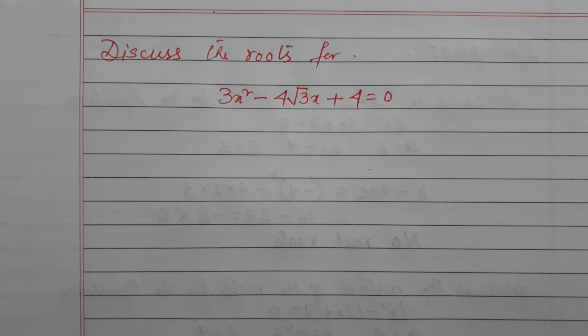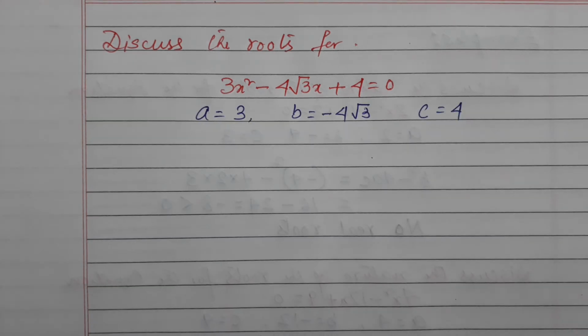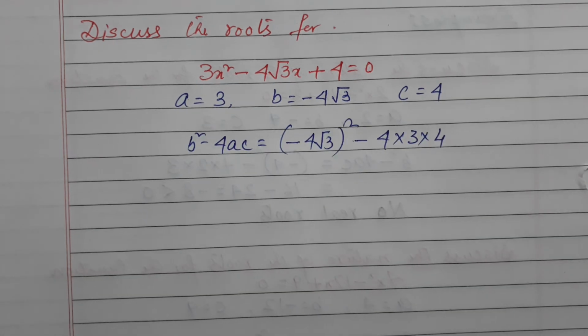Now let us discuss the nature of the roots for 3x square minus 4 root 3 x plus 4 equals 0. Now I must say that here all the coefficients are not rational. The coefficient b is irrational since it is minus 4 root 3. So we can write a equals 3, b equals minus 4 root 3 and c equals 4. And hence we can write the discriminant like this.